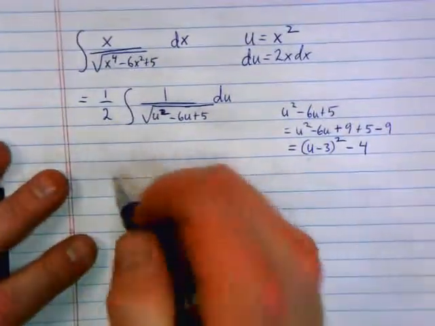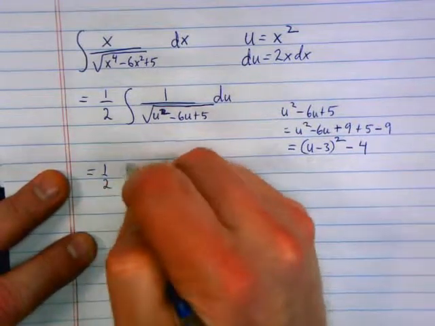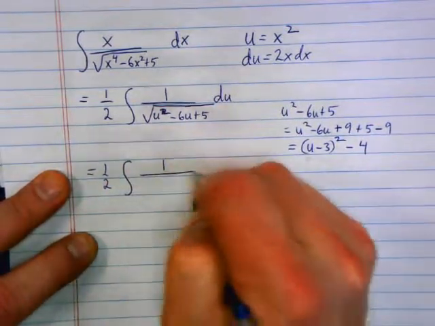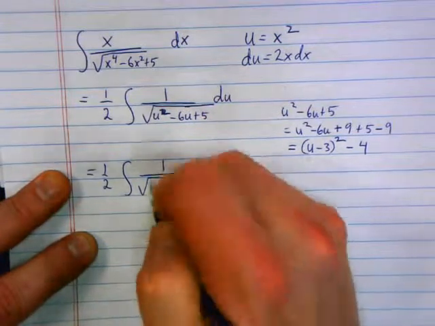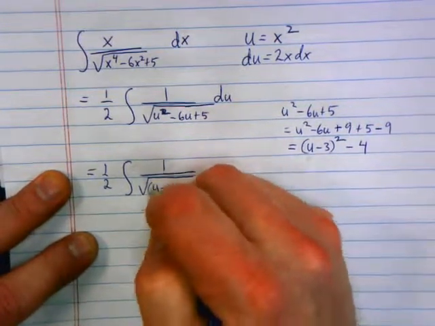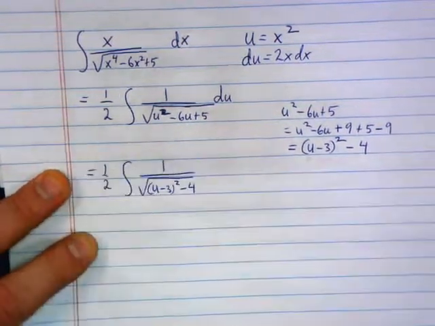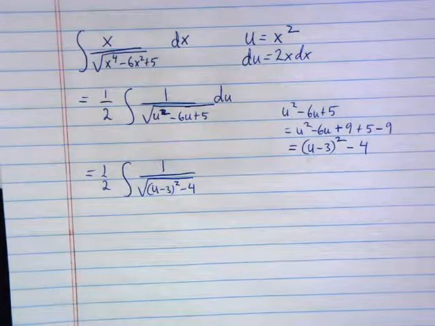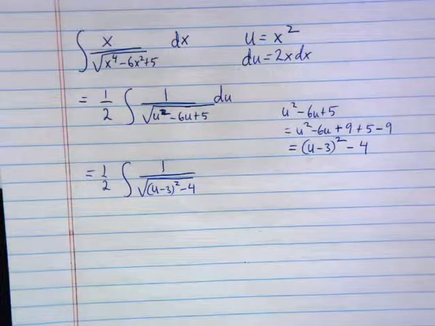All right, so now I've got 1/2 integral 1 over the square root of u minus 3 squared minus 4. When I go to look at my integration chart now, what am I looking for? u squared minus a squared.